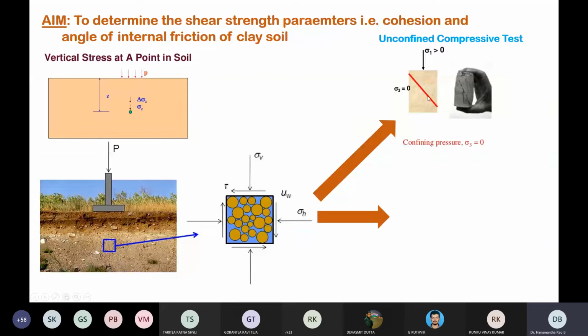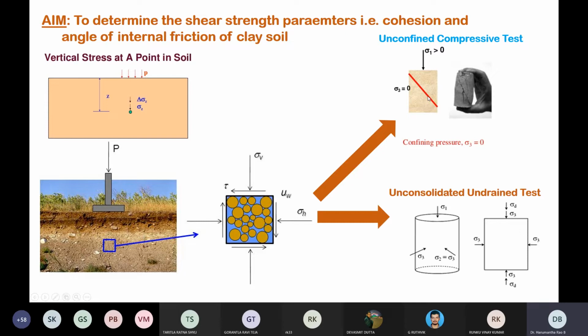Followed by UCS, we were also discussing the unconsolidated undrained test. Herein, there is an improvement over the UCS test. Initially we assumed sigma 3 is 0, but in the unconsolidated undrained test, we applied a constant value of sigma 3.